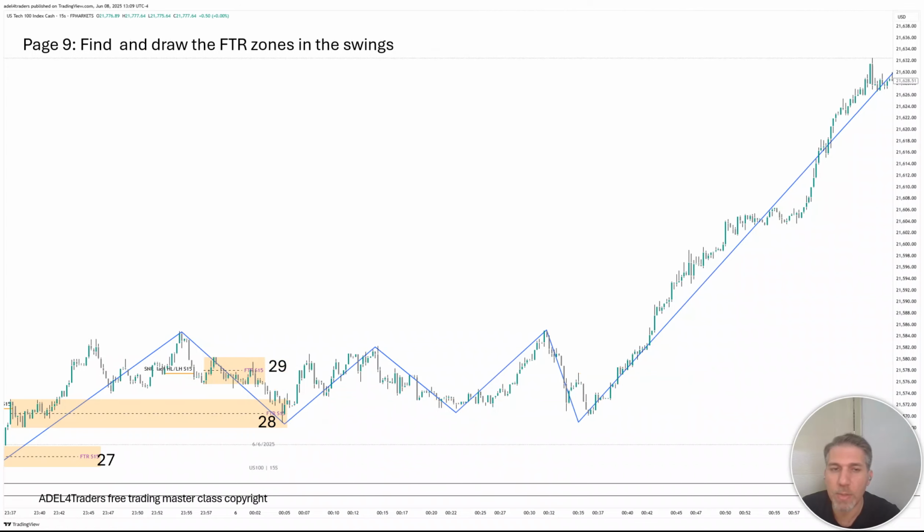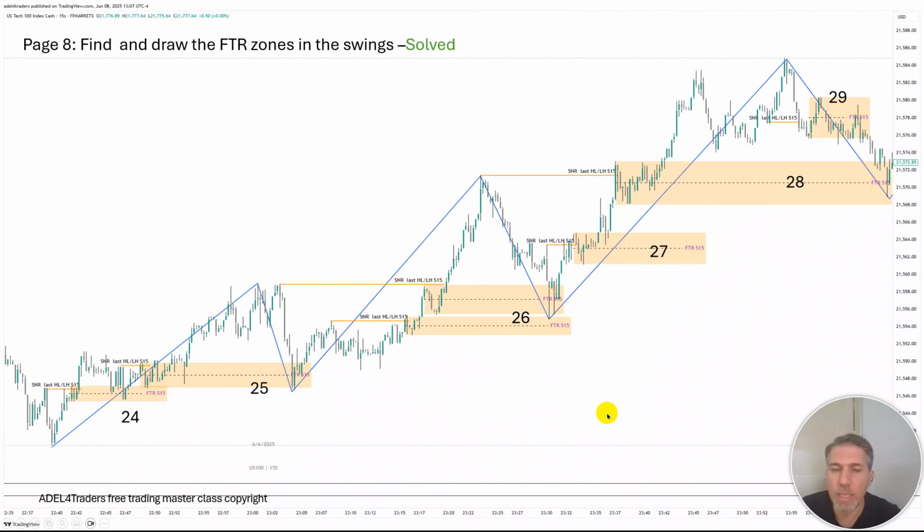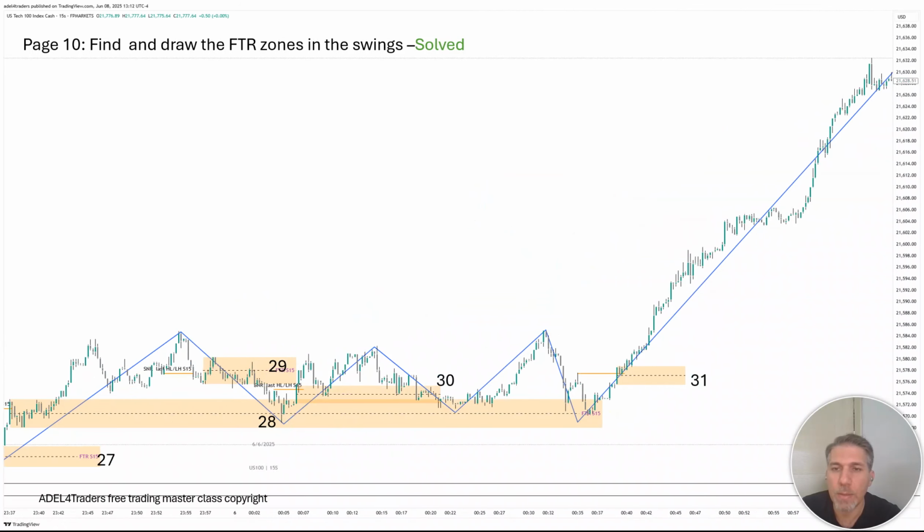So if we extend this 28 like this, you would see the reaction here. This is the reaction. So now this is a lower low, and this one is our zone. So you would wait for the reaction. You could take the trade out of this one.